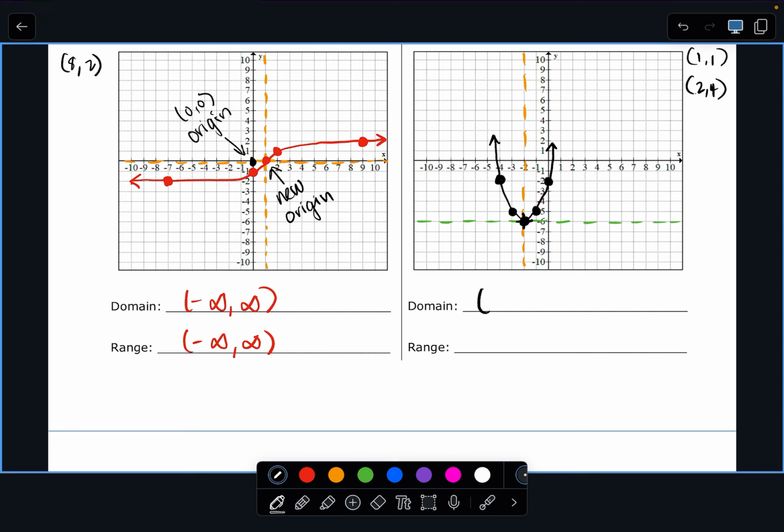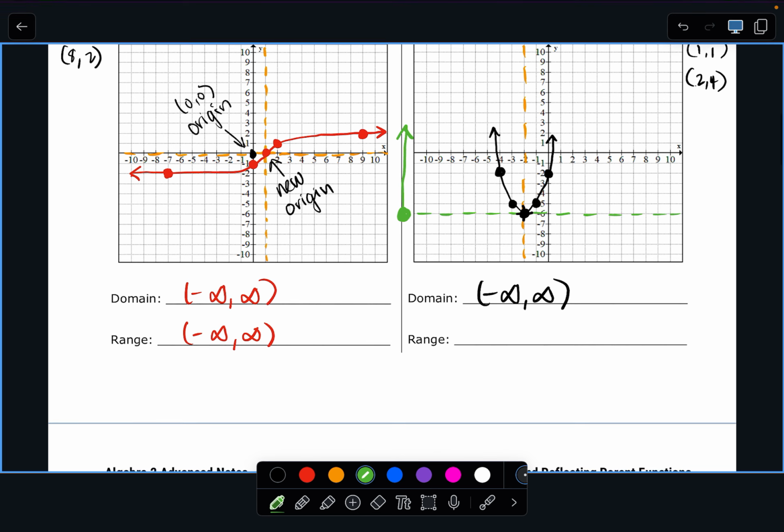Domain for quadratics is negative infinity to positive infinity. What is the lowest y value on this graph? Negative 10. On this, like where the graph ends. Negative 6. So the lowest point that I have included, and if you need to go in and kind of look at it the way we did when we were talking domain and range, it's like there's a filled in point here at negative 6, and there's an arrow pointing upwards and not stopping.